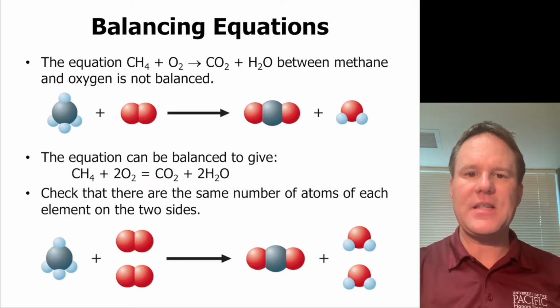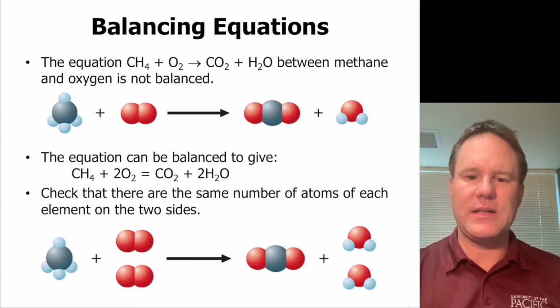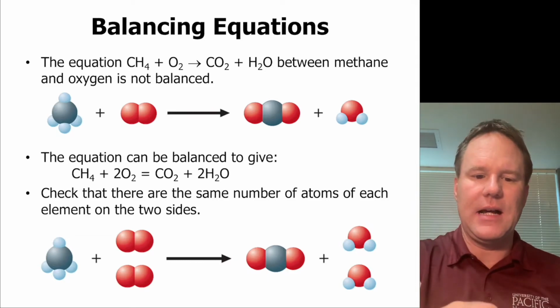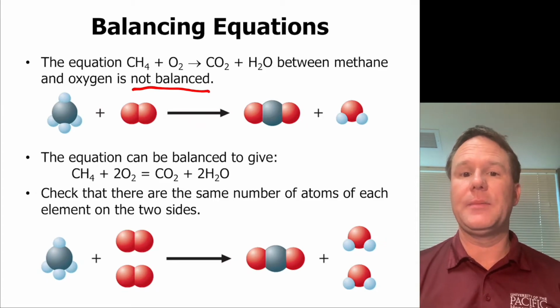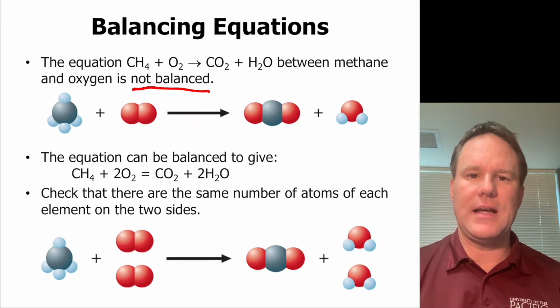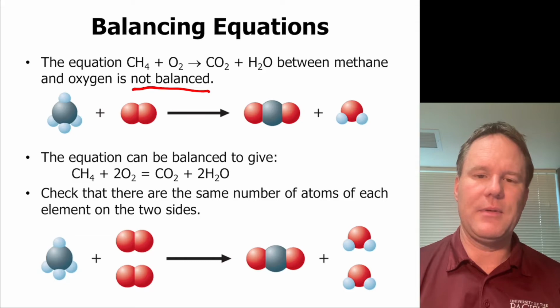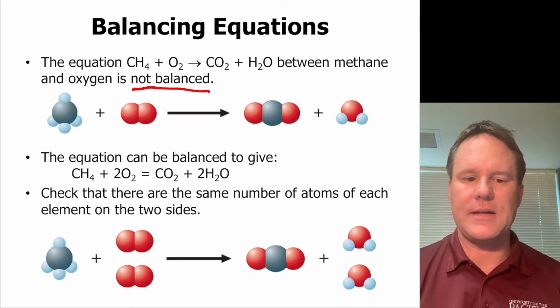Now, this was an unbalanced equation. What does that mean? The number of oxygen and carbon atoms is okay, but the hydrogen atoms on the two sides are not equal. And the very fundamental principle of nature is that mass doesn't get lost, right? So whatever we have on the left in the chemical equation, we have to have on the right as well.